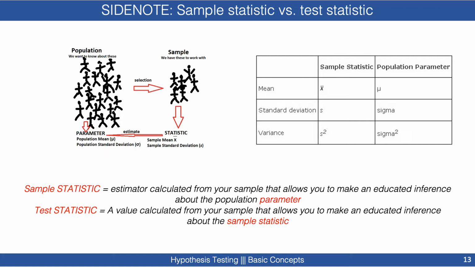But those are sample statistics, and the test statistics are based on those sample statistics and try to determine whether the difference between the sample statistics on, say, a control sample and a sample that you treated with a drug are sufficiently different for you to conclude that the null hypothesis does not explain the data appropriately.